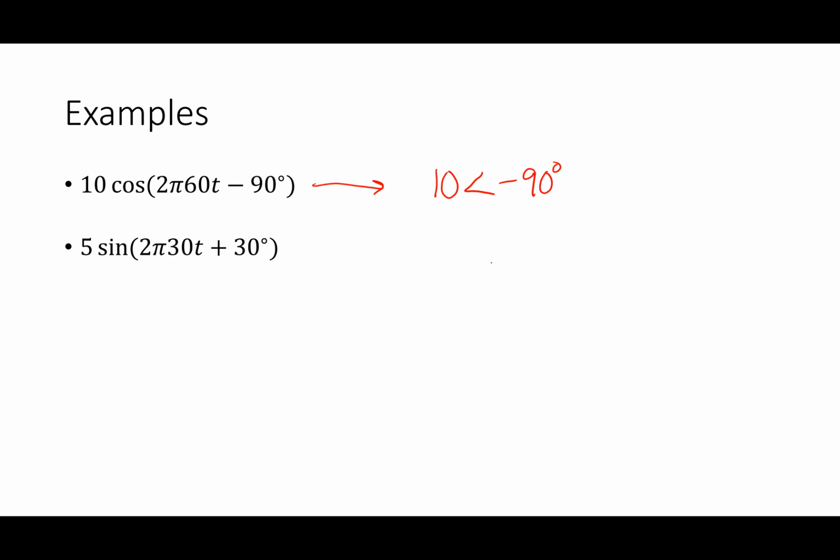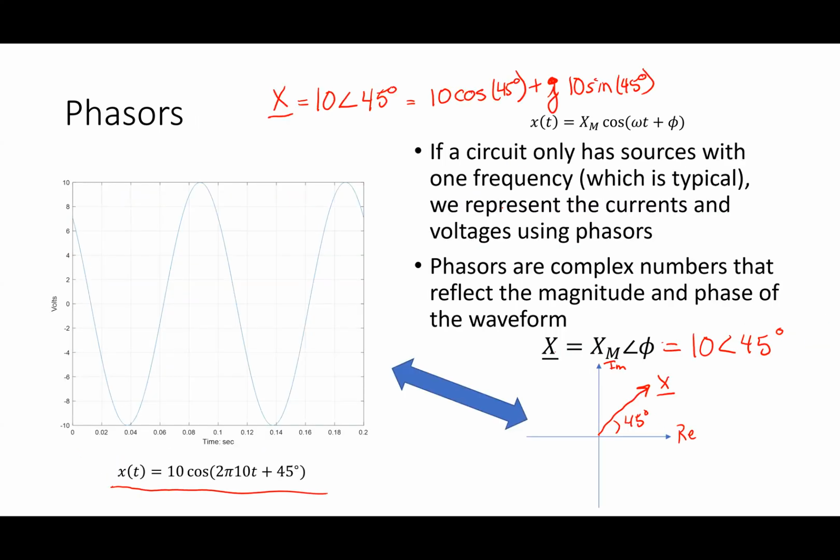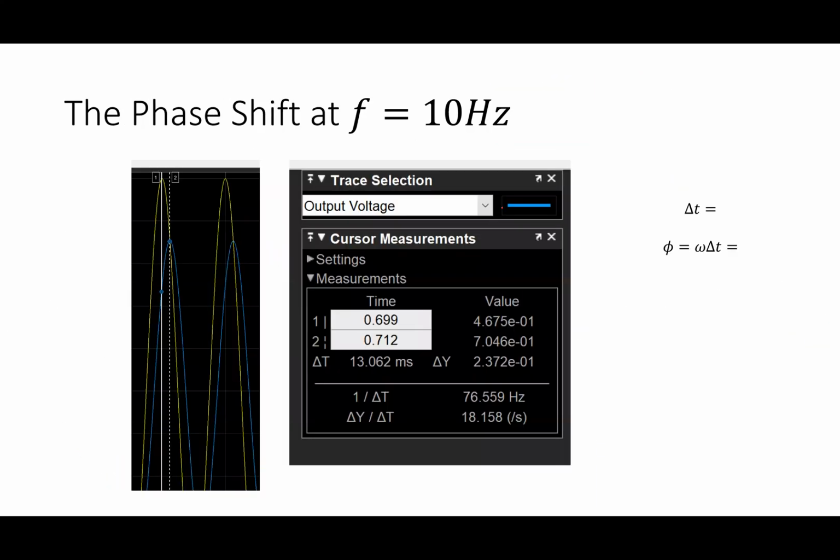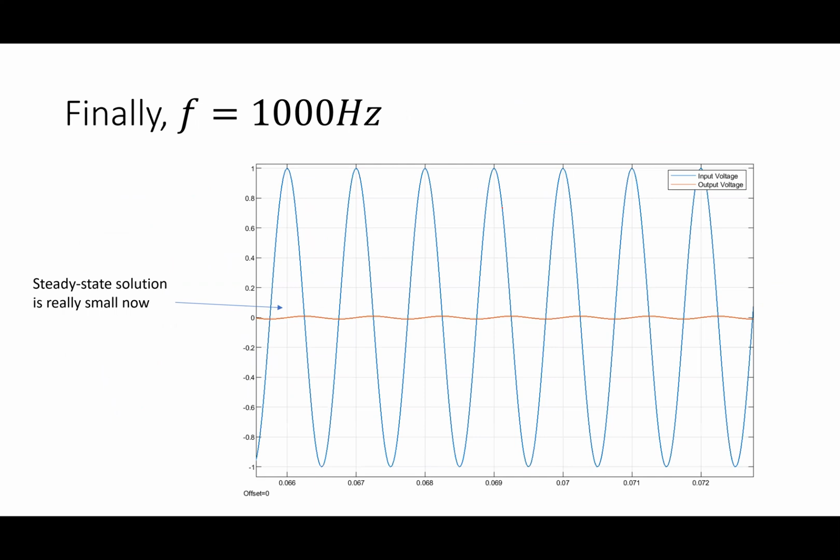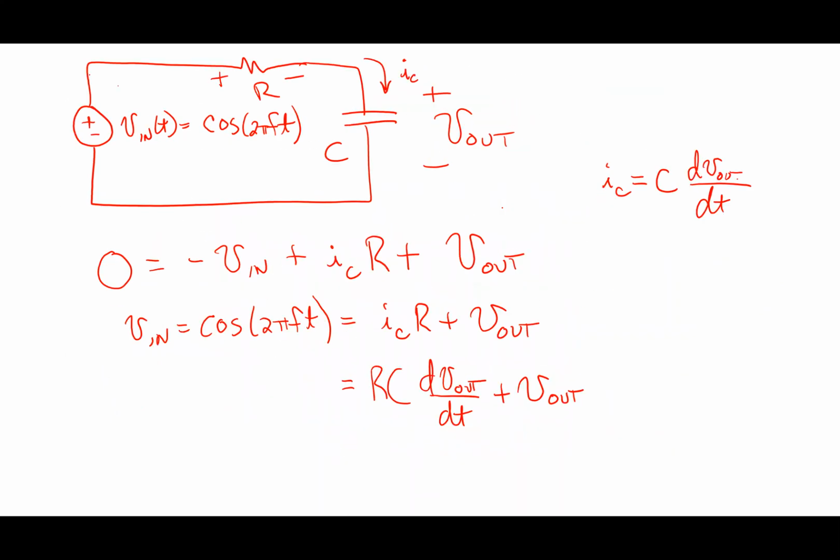The key takeaways for today are that we're going to make this jump and figure out how to relate a time domain waveform to a phasor. The other really important thing to walk away with is that if I have a circuit like what I showed here, a voltage source and any combination of resistors, capacitors and inductors, then in the voltages and currents there's going to be a transient response.